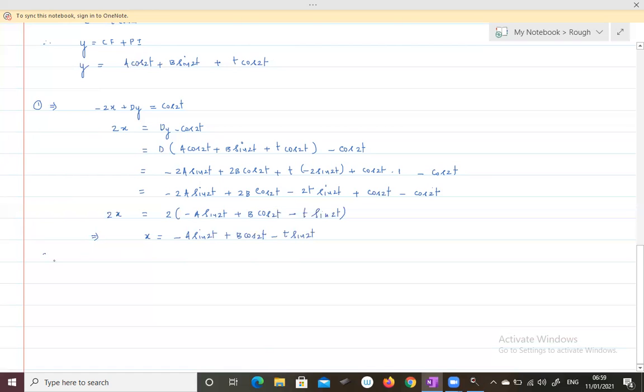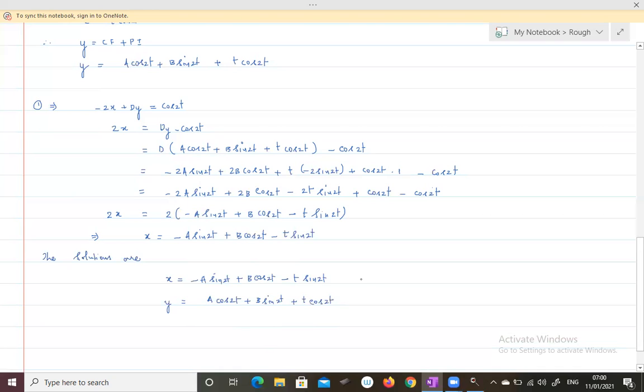Therefore, the complete solution is x equal to minus a sin 2t plus b cos 2t minus t sin 2t, and y equal to, as already completed, a cos 2t plus b sin 2t plus t into cos 2t.